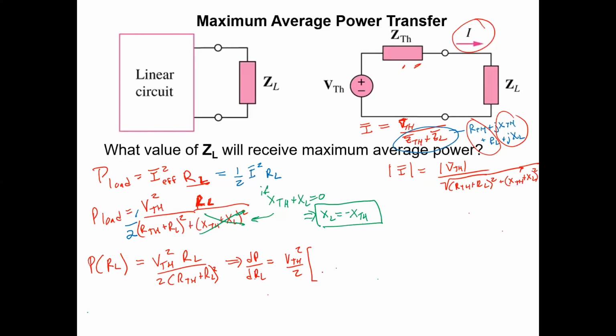It's R Thevenin plus RL squared, 1 times R Thevenin plus RL squared, I haven't done this kind of stuff in a long time, minus, oh yeah, it's the derivative of the numerator, RL, which is 1, times the bottom, and then it's the top times the derivative of the bottom. And is it actually minus? It's minus the top times the derivative of the bottom, which is 2 times... glad we're not doing a calculus competition tomorrow.